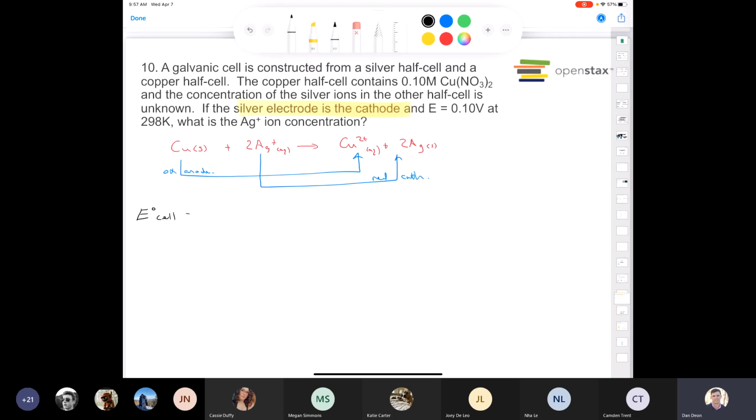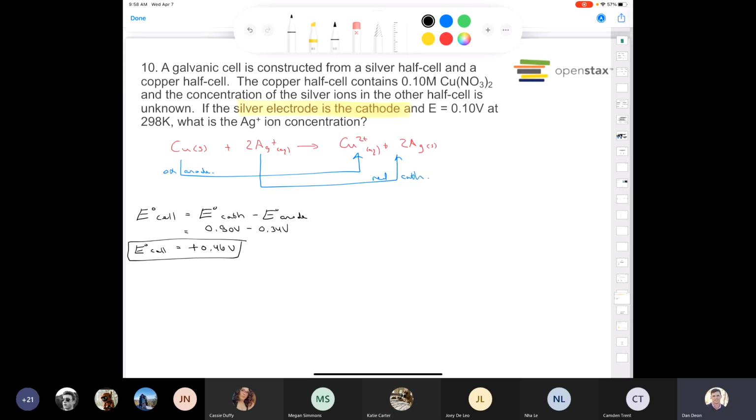So the standard cell potential, which is equal to the standard reduction potential of the cathode minus the standard reduction potential of the anode, is equal to 0.80 volts subtract 0.34 volts. So I end up with a standard cell potential that is equal to positive 0.46 volts.